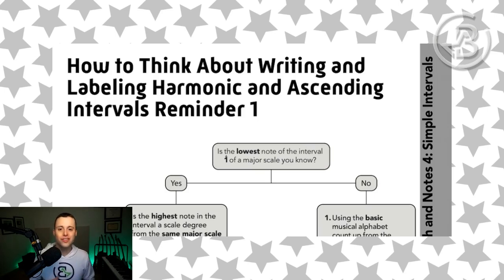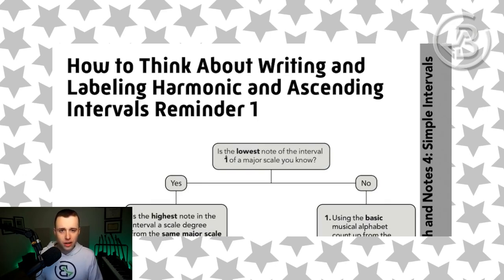You're going to see first the easy world where it's just working within the major scale, and then you'll have a challenge page at the end of the harmonic, the ascending, and the descending interval pages where you're actually going to work through it and count half steps and things like that. So in the next lesson, I'm going to break down for you how to count the half steps and how to do that more advanced way of thinking about intervals.